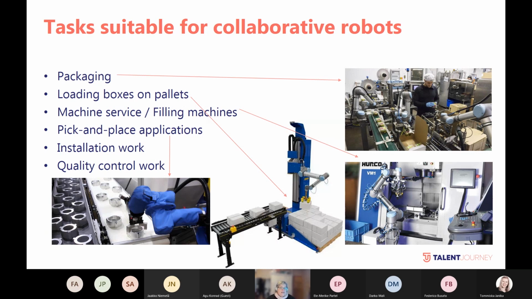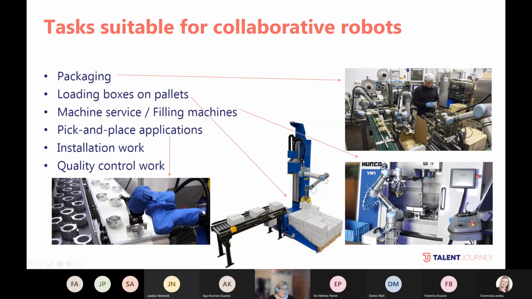Then they are good at machine service. This is an example from that Swedish machinery company. They can, for example, lift blanks from the pallet and feed them to the CNC machine and then stack the finished products from the machine to another pallet again.